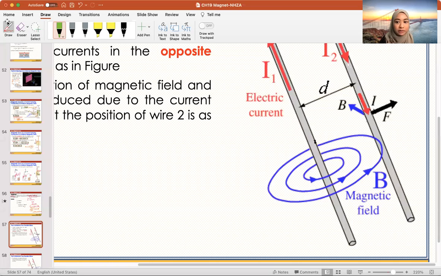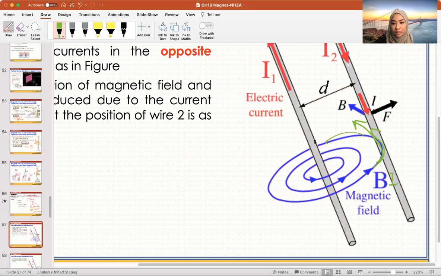But now I am bothered to draw it until it reaches the other wire because I want to know the direction of B. This is B1, B from current one. B1 on wire number 2, when I reach this, is going into the page. It is a bit strange, but it is going into the page.